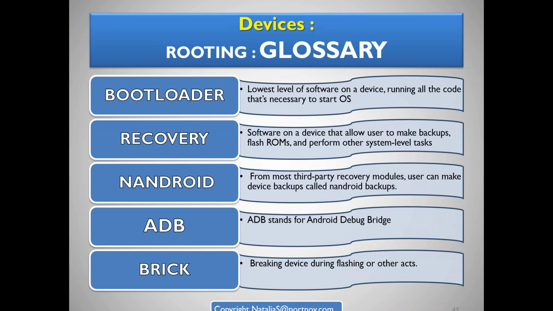So there is a difference: if you're unlocking your bootloader, it doesn't root your device directly. But when you unlock your bootloader, it does allow you to root or to flash custom ROMs or custom operating systems, if you desire.